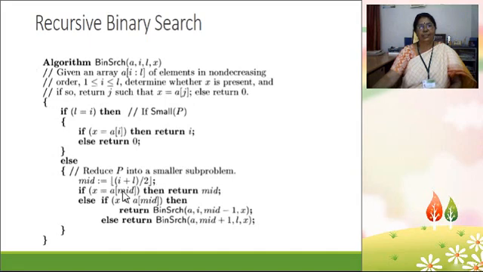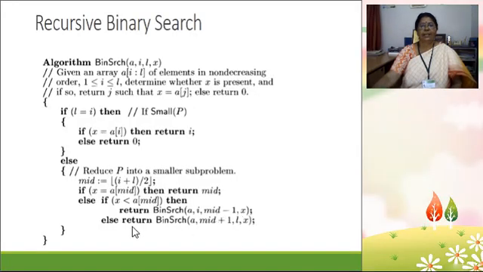If X is equal to A of mid, then we have found the middle element. If there is a match with the middle element, we have found the location. Else, if X is less than A of mid, that means the search element will be in the first half. So binary search is recursively applied to the first half, with parameters A, I as the first element, and the last element in the first half will be mid minus 1.